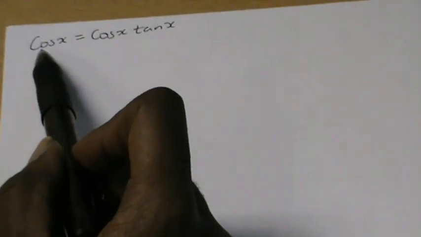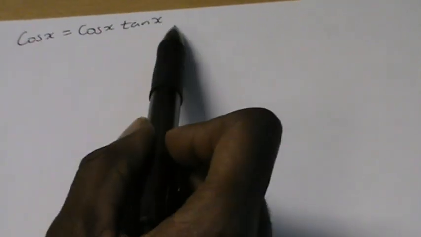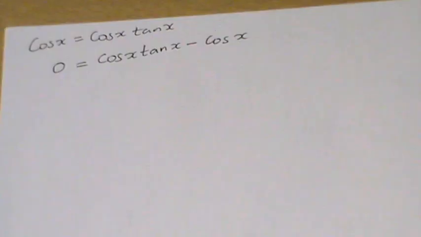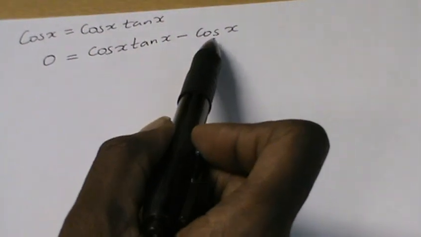As an exercise, whatever side I take the terms to, you do the opposite and then check, are the answers the same? So what I'm going to do is take my cos x to this side. So I have 0 is equal to cos x tan x minus cos x. I took this cos x to the other side, that's why it's negative.